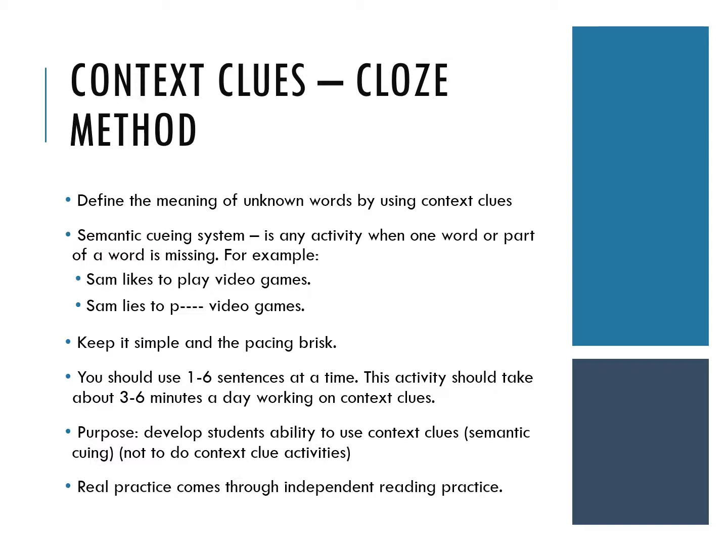So you would use context clues when you're teaching reading comprehension, but for this, we're not necessarily just teaching reading comprehension. We're trying to teach them how to identify words that they don't know. The real practice comes through independent reading practice.